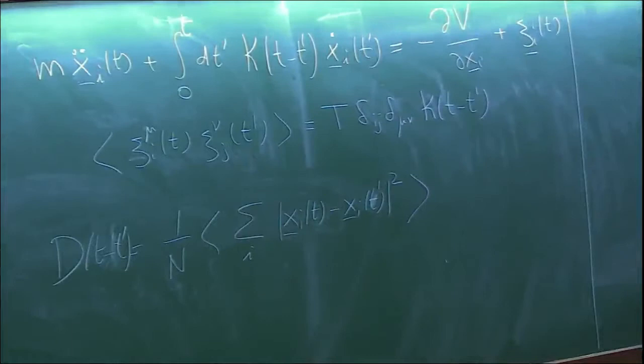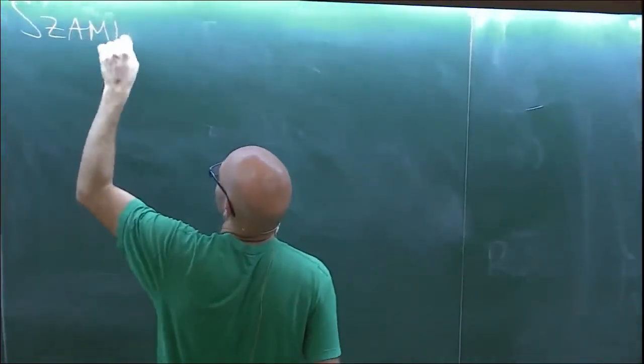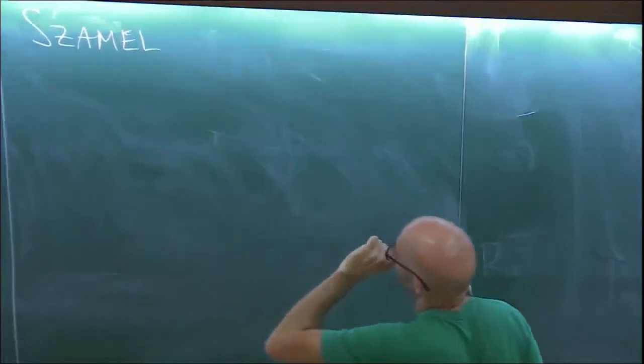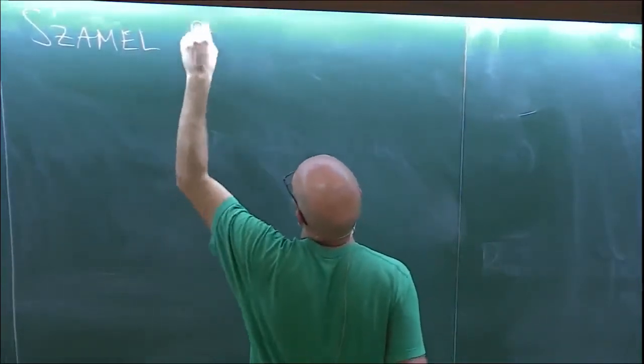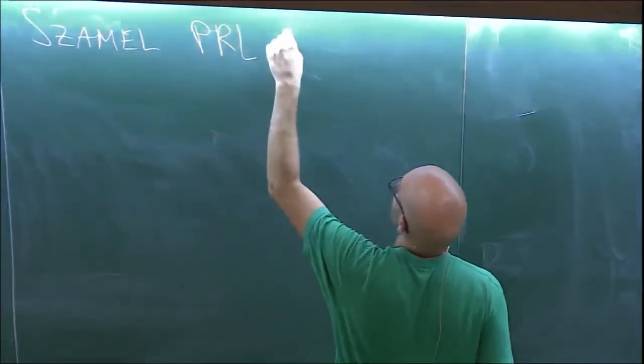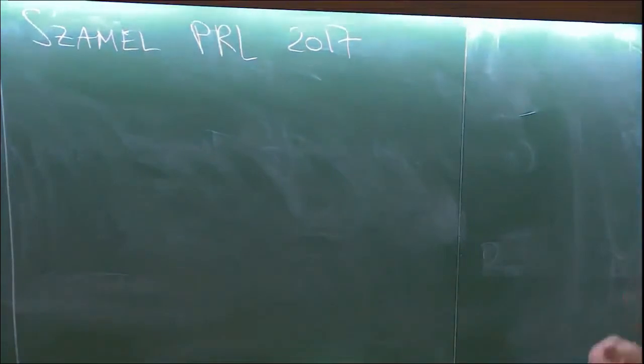Now, I want to use the same idea. This derivation, with this kind of hand-waving argument, but also very clear from the physical point of view, is due to Gregor Szamel. There is a PRL, I think last year, where he derived the result in this way.